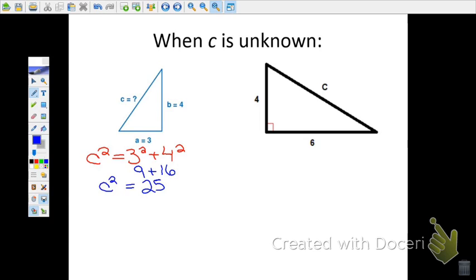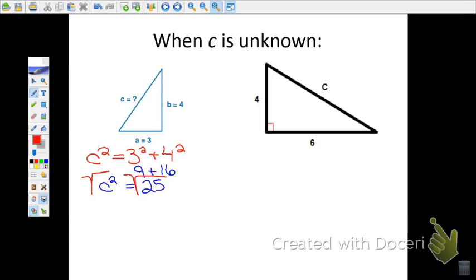When we're solving equations, we undo, or work with the inverse operation, to undo things. So I have this term squared that I want to go away. What do you think the inverse operation of squaring something is? Not dividing. We want to make it smaller. What's the square root? So what I have to do is take the square root of both sides.